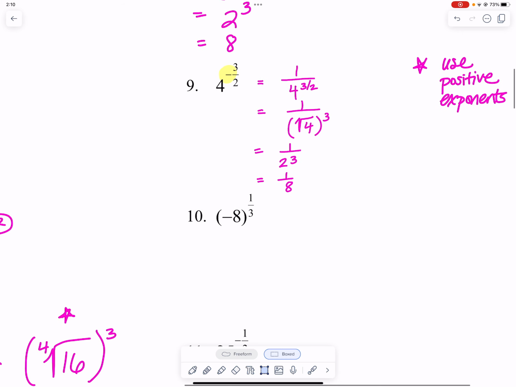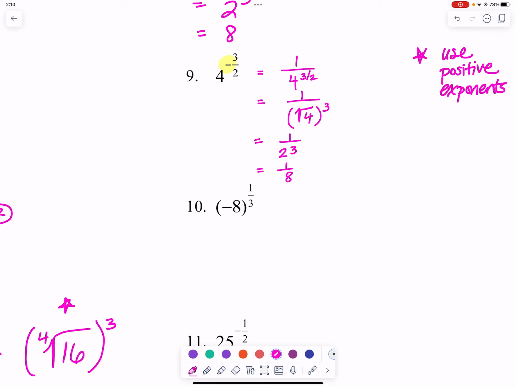Okay, and looking at number 10, you can see that we have the cube root, so power over root. The power is 1, but the root is 3, and the cube root of -8 is -2.